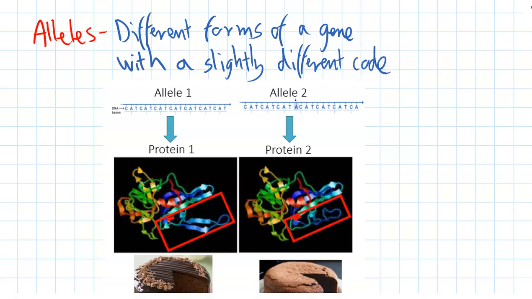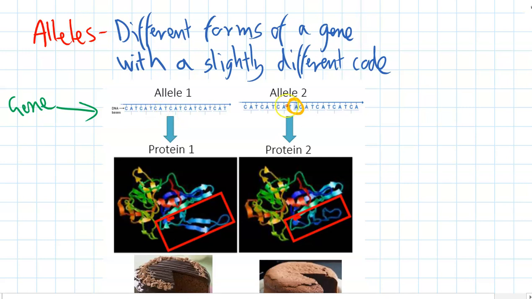So let's look at this gene here. This is a small segment of the gene. Genes are hundreds and hundreds of bases long, but if you look closely, you can see that this base here is an A, or an adenine. And there it is.